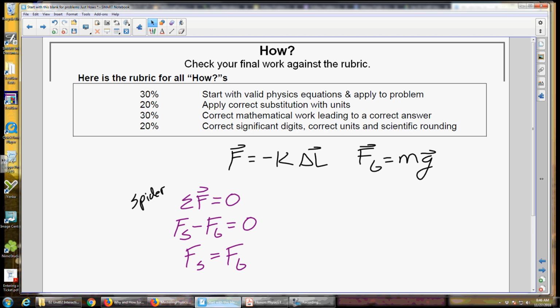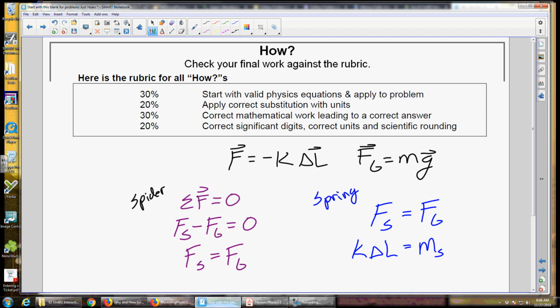And then if we shift gears and look at the spring, that's why we needed the two parts to that diagram, we can continue right with that force caused by the spring. It has to be balanced with that weight of that spider. So we've taken it from one object to another. And I've already taken care of the directionality, so I can just do K delta L is the mass of the spider and the gravitational field strength.